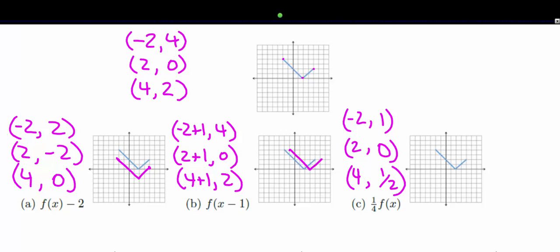I've got negative 2, 1 right there. 2, 0, that stays. That's easy. 4 and 1/2. So it flattens it out, right? Flattens it out a little bit.